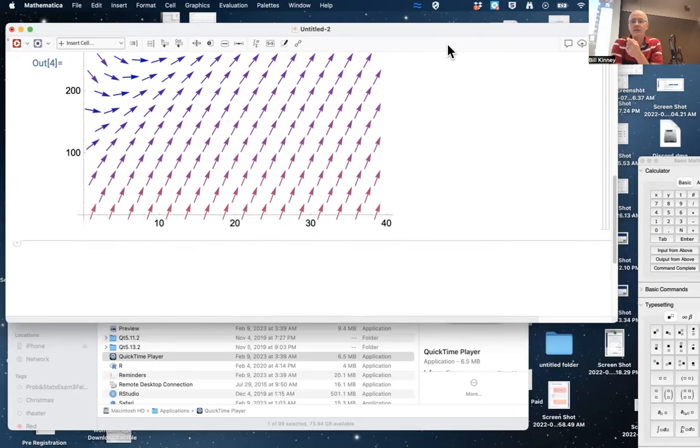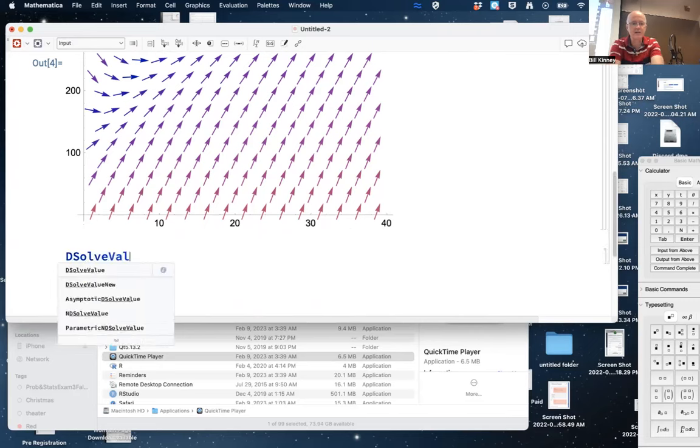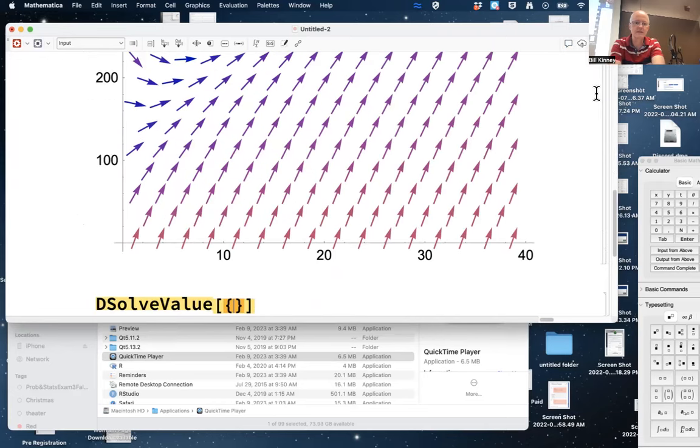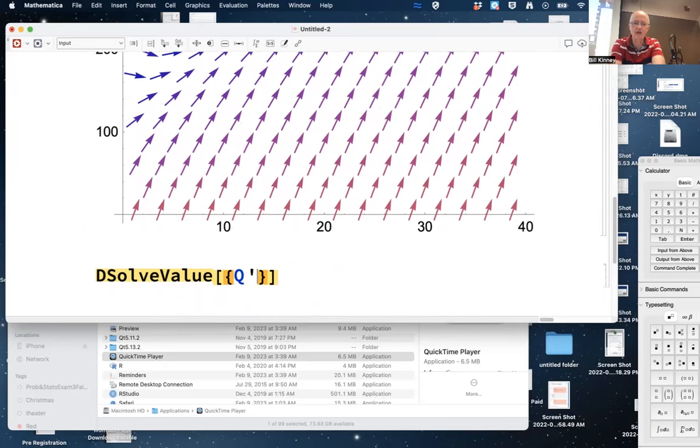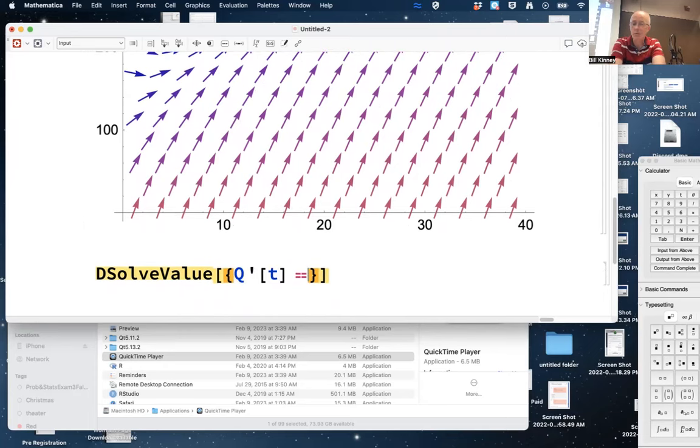How do you actually solve it? DSolve or DSolveValue could be used. I like DSolveValue because it leaves the answer in a nicer form. In curly braces, put your differential equation with primes. Double equal signs. The most common mistake is to think you can use single equal signs. That messes things up, and you can't get it to work if you use single equal signs. F of t, q. But Mathematica needs to know q depends on t, so we need to put a q of t in there.